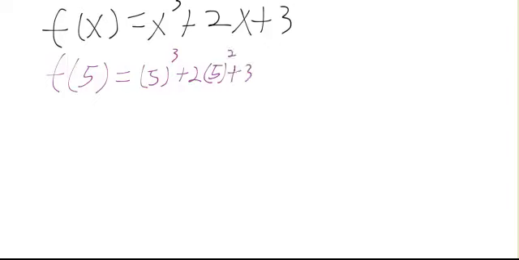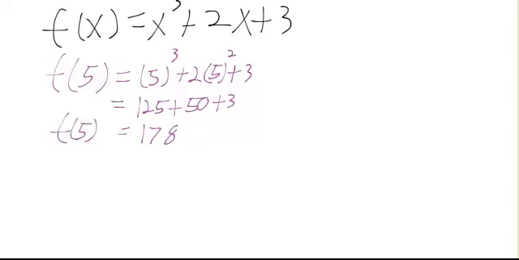And so we'll have 125 plus 50 plus 3, which will be 178, would be f of x, or f of 5 in this case.